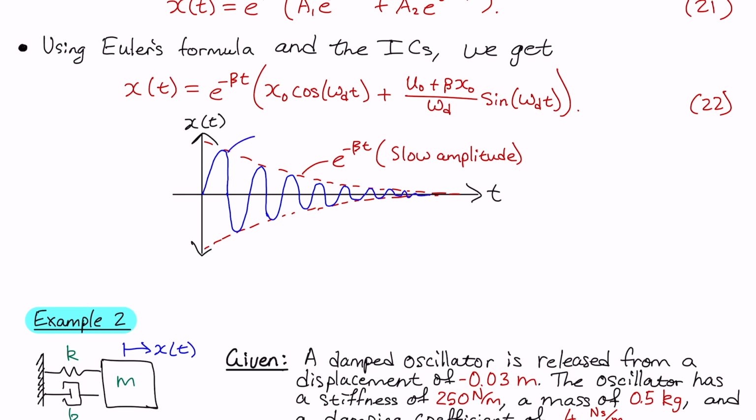This is our actual x of t. There's a fast oscillation, which this blue curve represents, and then the amplitude is a slowly changing amplitude. You won't need to know that in this class, but this is the type of displacement we're going to find.